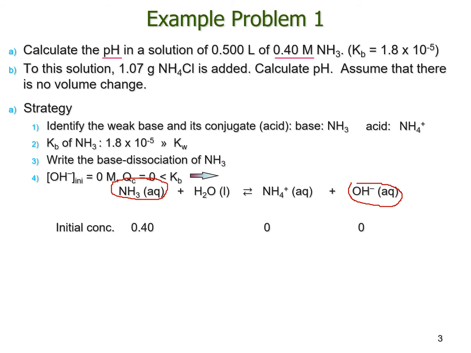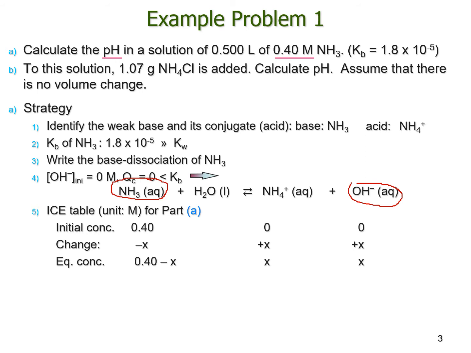So we understand the equilibrium shifts from right to left, from small to large Q. It now makes perfect sense for us to add plus X under the hydroxide, and plus X under the ammonium using stoichiometry, and the minus X under the ammonia as well.